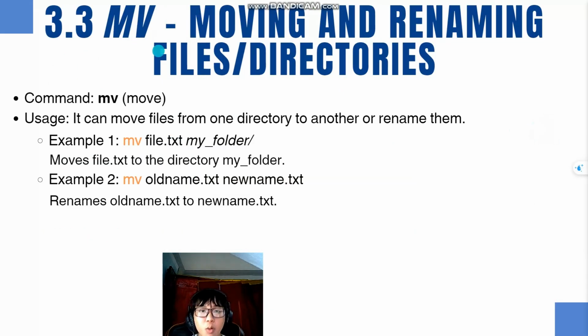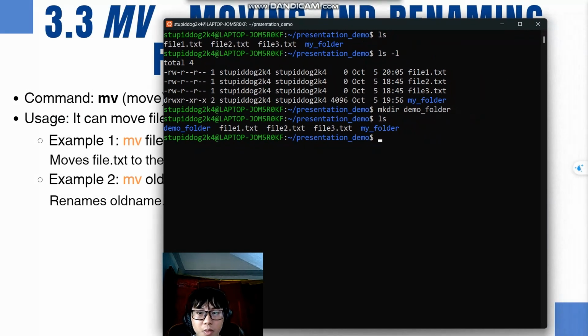Next is the move command. It can move files from one directory to another or rename them. The first example is to move a file into the my folder directory. The second example is to rename a file to a new name. Now I do a demo for you. First I will move file1.txt to the demo folder.